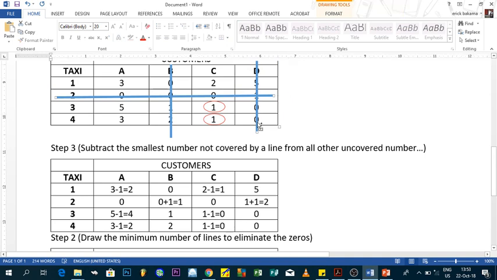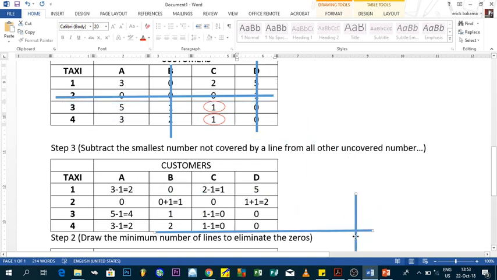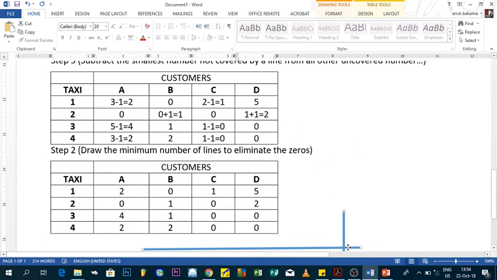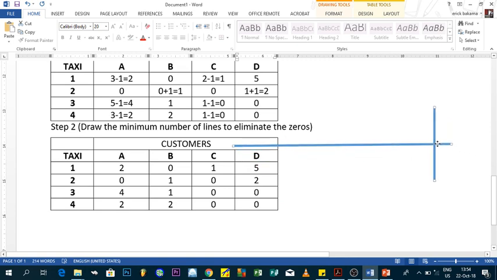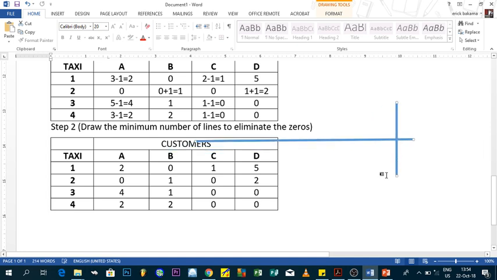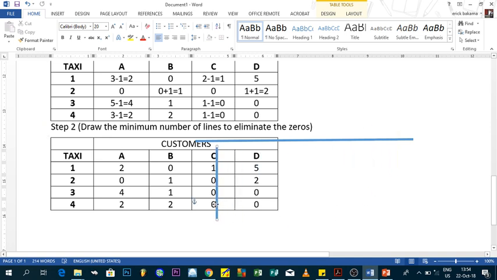The reason why I'm copying this line is because I don't want to draw them again. So I'm going to use them for construction purposes. Now we realize that this row, for example, has 3 zeros in a row. So it's easy for me to take one line here and cancel them. Then I got a line that can cancel these 2 zeros again, like this.